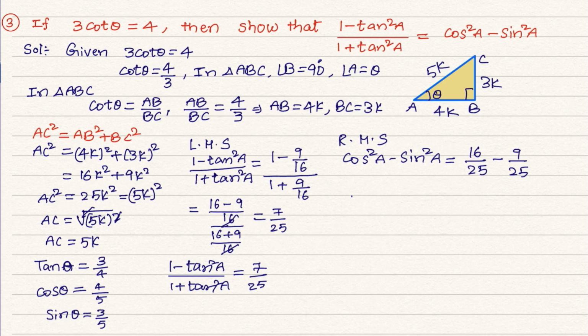So directly cos square A minus sin square A, because they are like fractions, directly we can subtract. We get 16 minus 9 by 25, which is 7 by 25. So we got LHS and RHS are equal. So we write LHS is equal to RHS, hence proved.